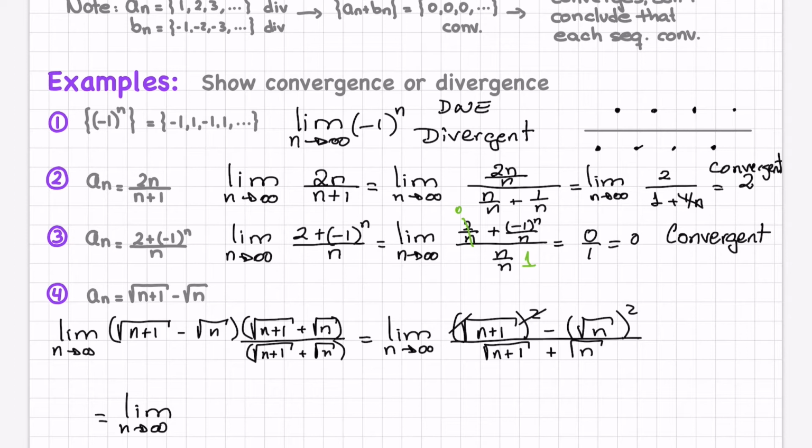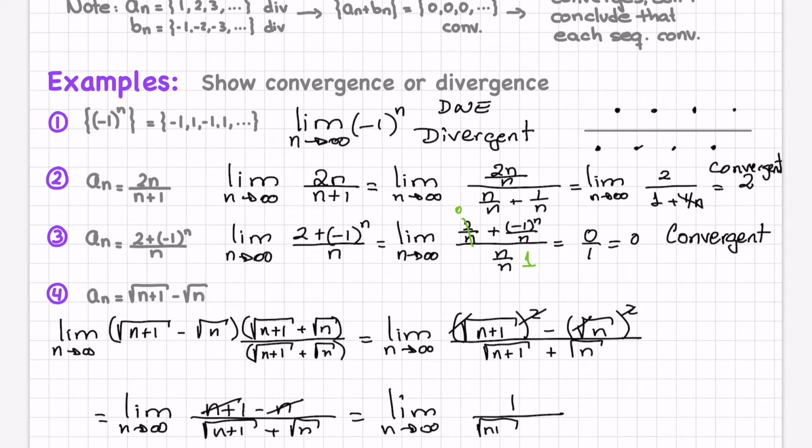This cancels out. n plus 1 minus n over, same thing, root n plus 1 plus root n. When these cancel out, you get this limit, which we can take now: 1 over root n plus 1 plus root n. Because the bottom approaches infinity and 1 over infinity is 0. So we proved that the limit is 0, so that sequence converges.